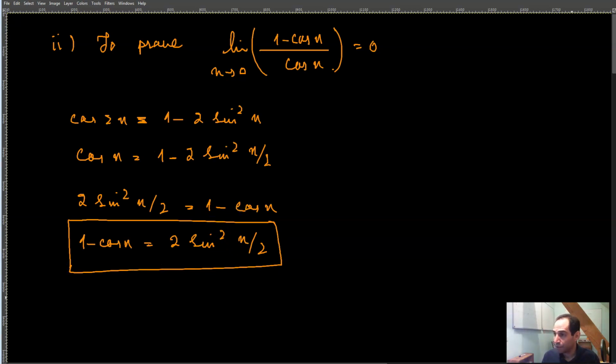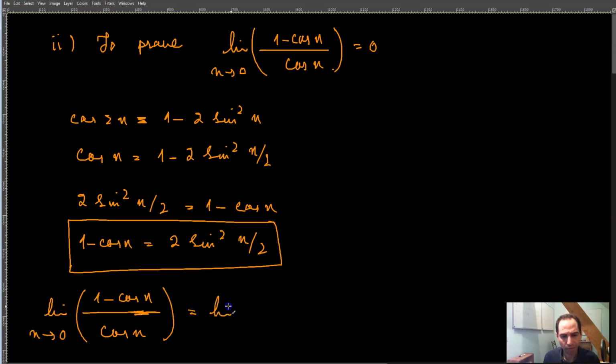So basically now we wanted to prove this identity here. I can write the limit of (1 minus cos x) over x as x tends to 0 as the limit of 1 minus cos x, which I write as 2 times sine squared x divided by 2, divided by cos x.